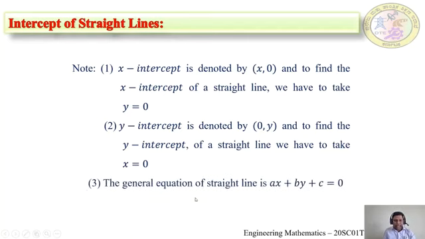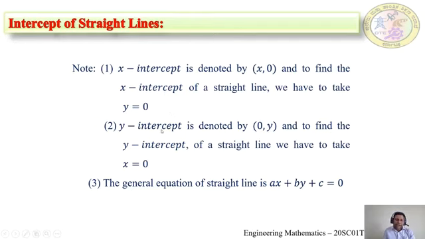And the general equation of a straight line is ax plus by plus c equal to 0. So these are the very important 3 things, because later we will be finding the x intercept and y intercept. To find the x intercept, put y equal to 0 in the given equation and we get the x intercept.